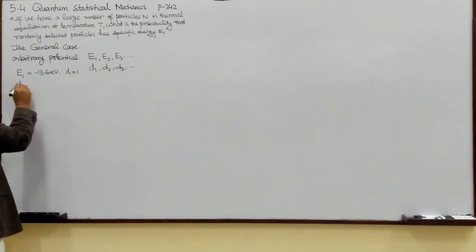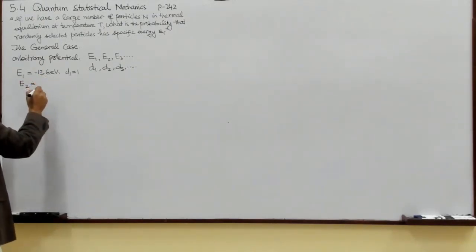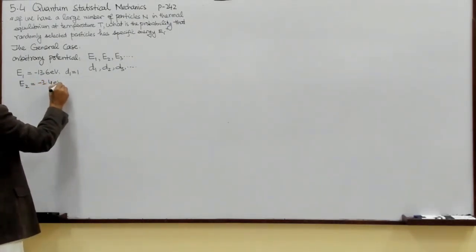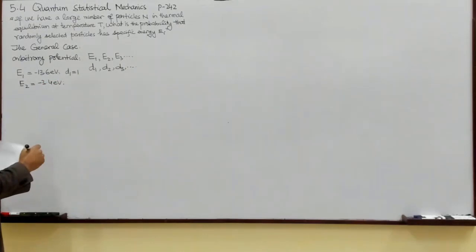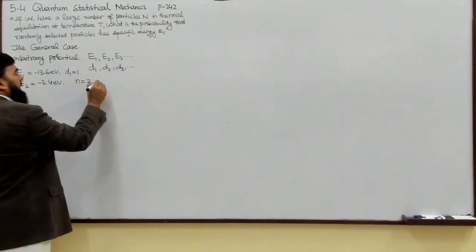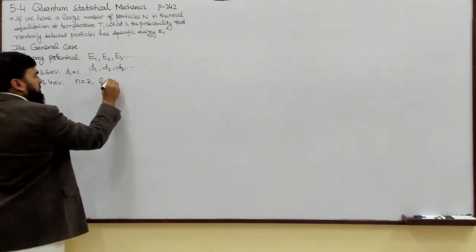But if I consider E2, the second level, then this is divided by 4, so this is minus 3.4 electron volts. Now consider that for n equals 2, we have l up to n minus 1, so this is 1.